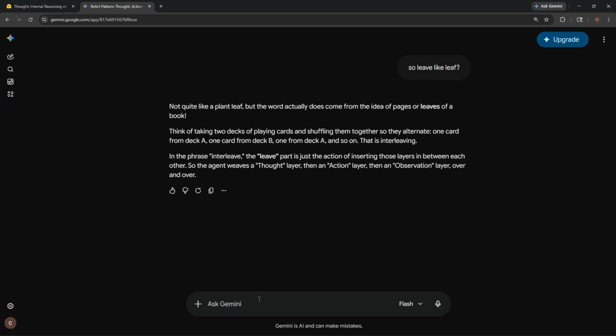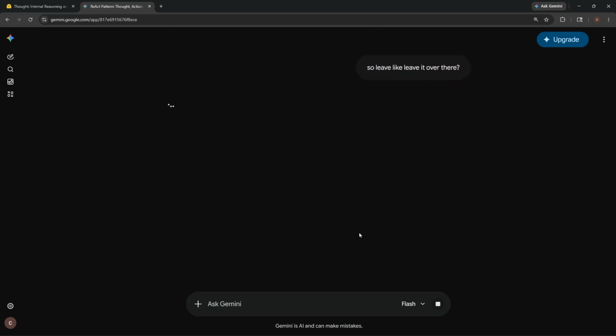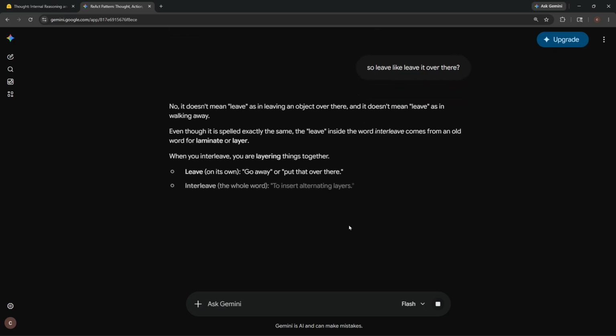Even though it's spelled the same, leave on its own means go away, while interleave means to insert alternating layers.